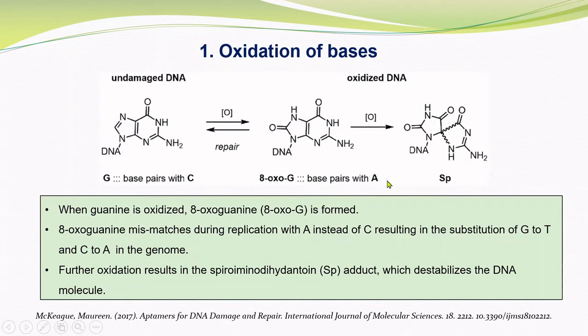So guanine has been oxidized, and this oxidized guanine does not base pair with cytosine, it base pairs with adenine, and therefore cytosine has been replaced by adenine. This causes a type of mutation which you call transversion, in which a pyrimidine, that is here cytosine, has been replaced by a purine, that is adenine.